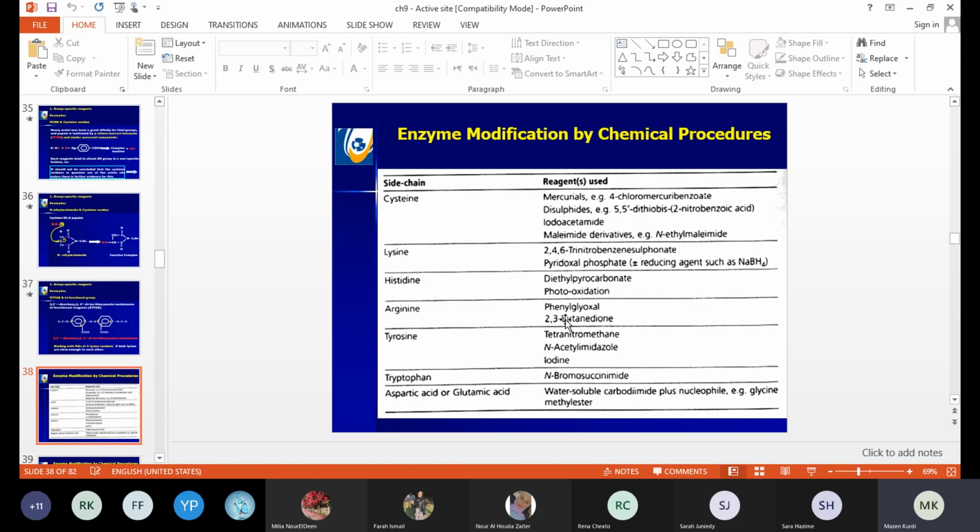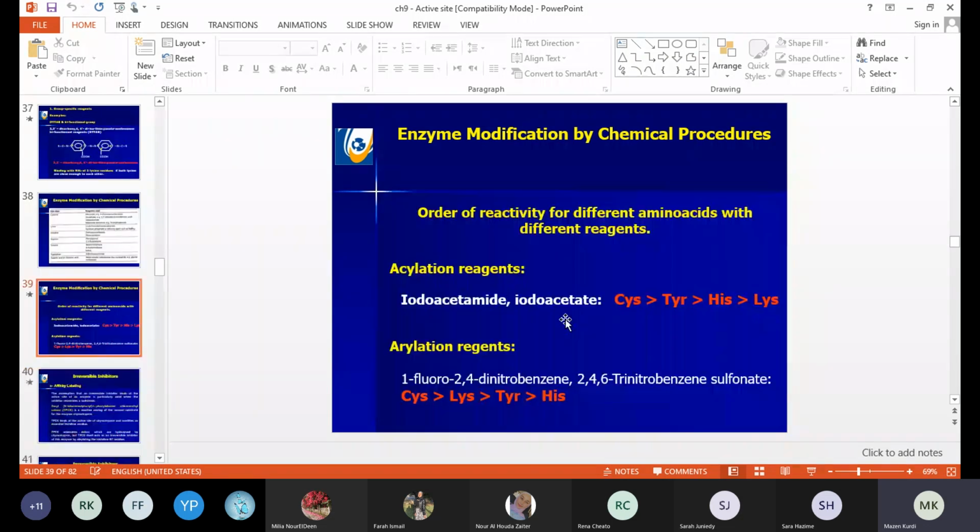So we will not go through all examples of group reagents, just those we gave you previously in these slides, but just know there are a lot of other molecules that interact with a specific side chain of an amino acid. Now, there is something very important you must know: sometimes you have an order of reactivity for these amino acids.